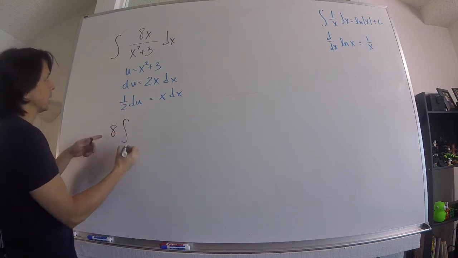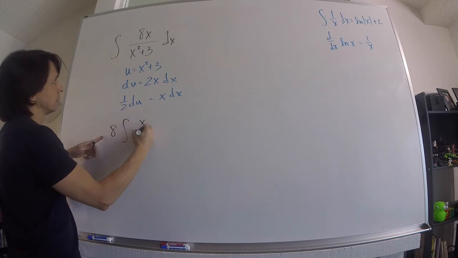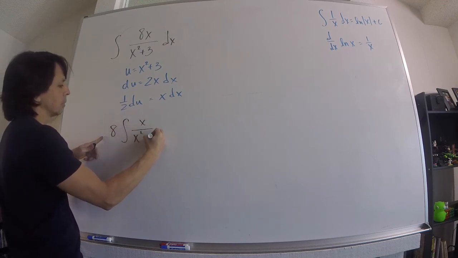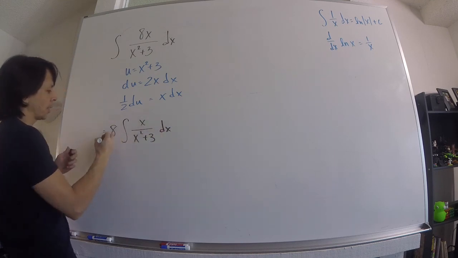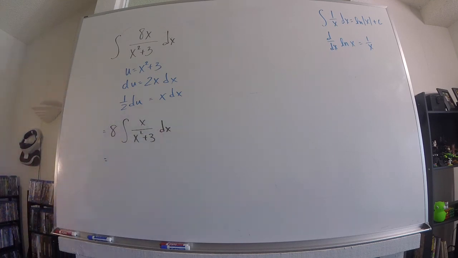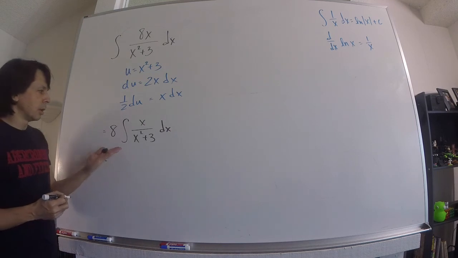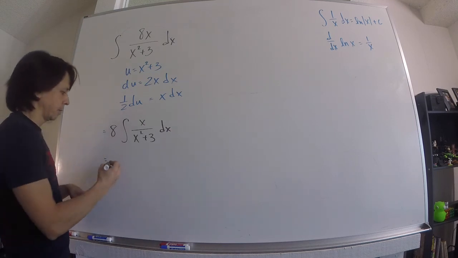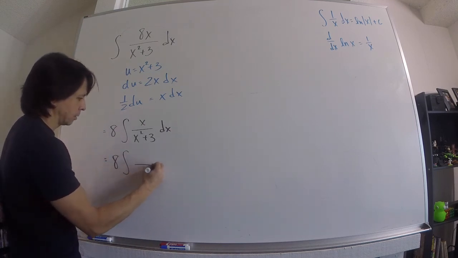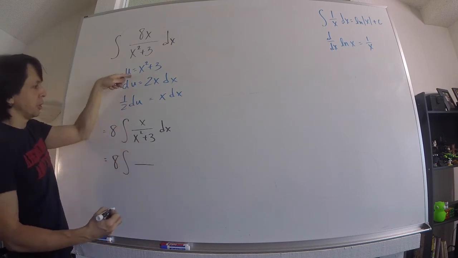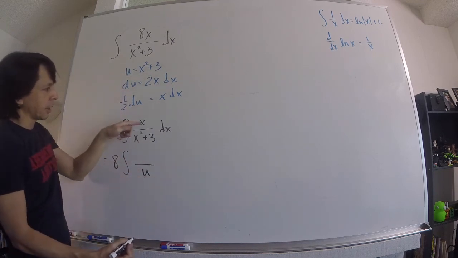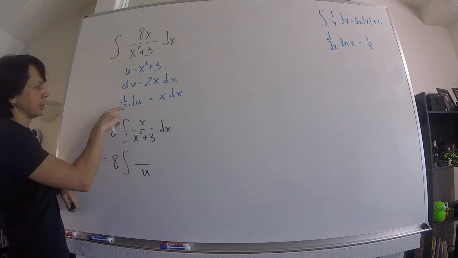Let me pull out that 8. I probably write extra steps than I would do if I was just doing it for myself, but I'm going to pull out that 8. x squared plus 3 is my u. The x dx together is 1/2 du.